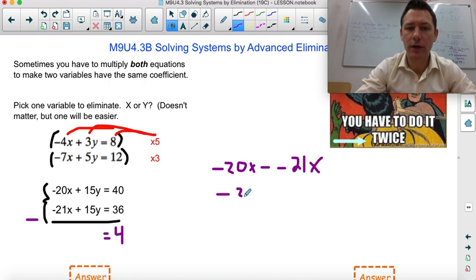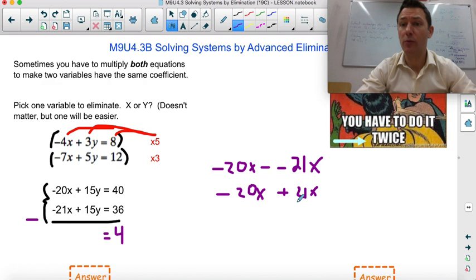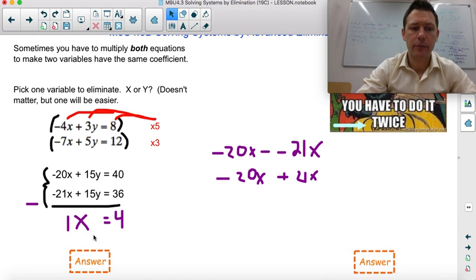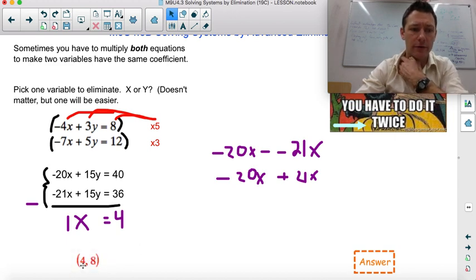So you get negative 20x plus 21x. So you're 20 meters underwater and you go 21 meters up, means you're 1 meter above water. So this is just 1x. So 1x equals 4. So there's our x is 4.